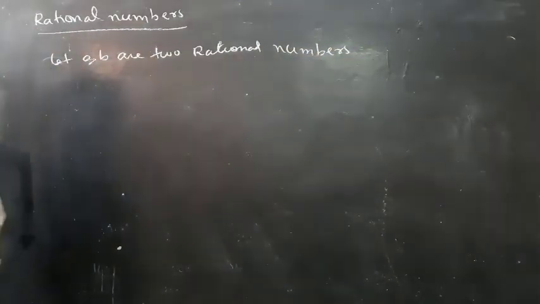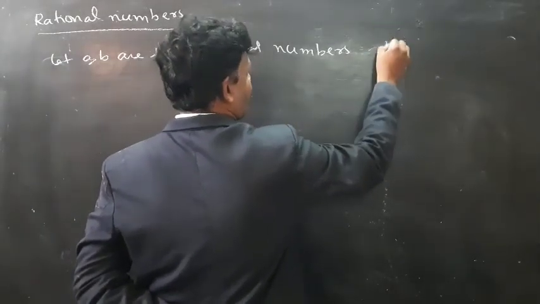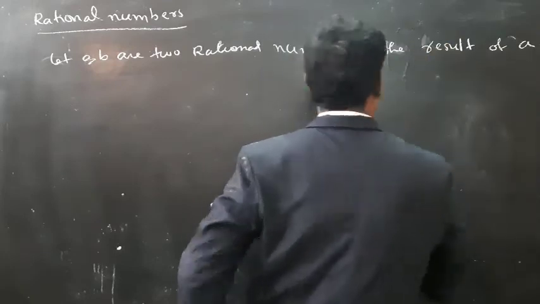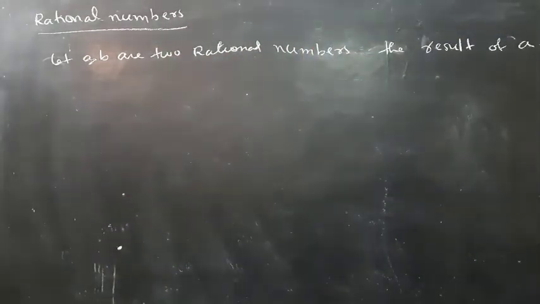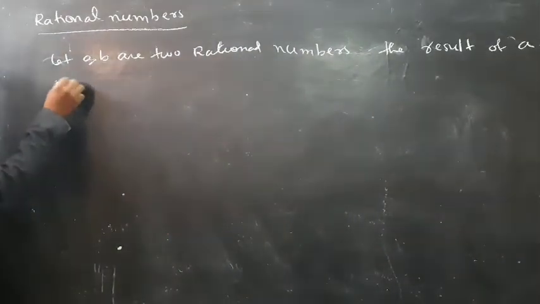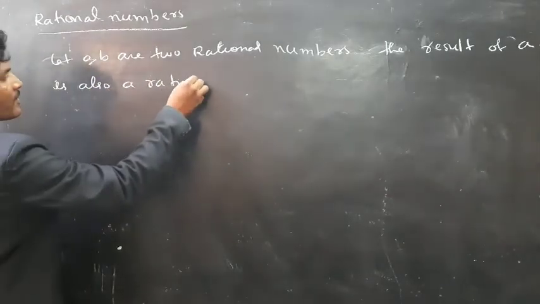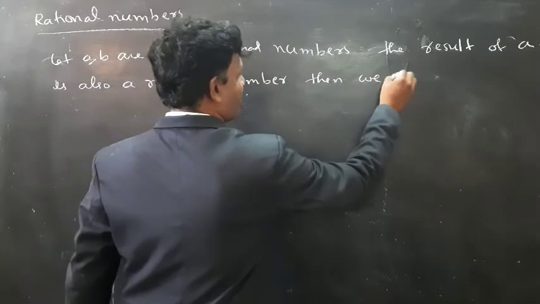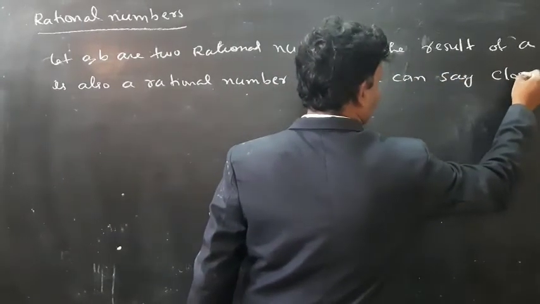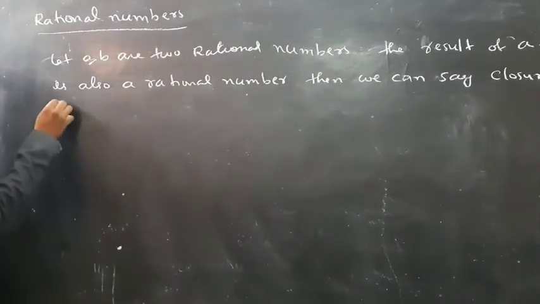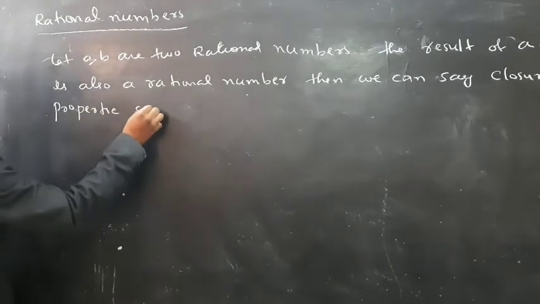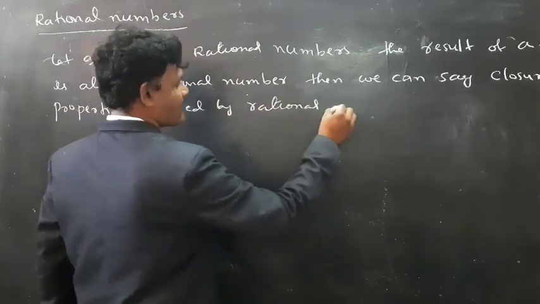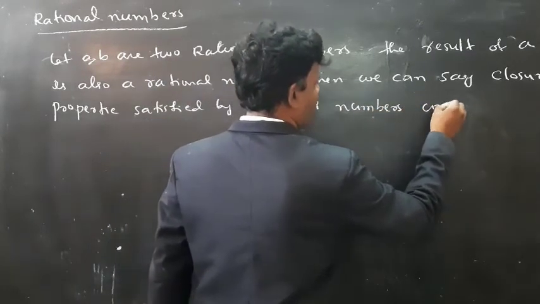If the result of a plus b is also a rational number, then we can say the closure property is satisfied by rational numbers under addition.